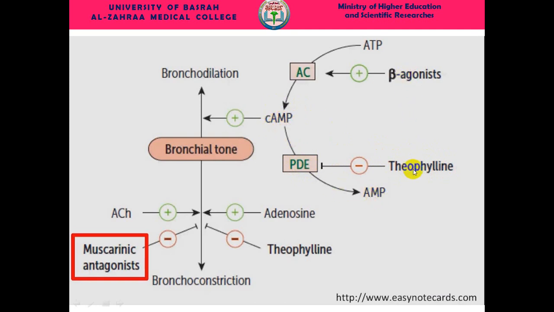Both beta-2 agonists and theophylline will make a large amount of cyclic AMP, and this will stimulate bronchodilation through the potassium, while the muscarinic antagonist will act on the muscarinic receptor and will block these receptors and will block the action of acetylcholine, and so it will cause bronchodilation.